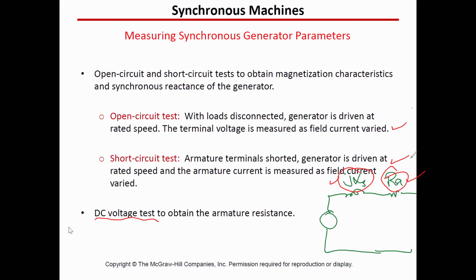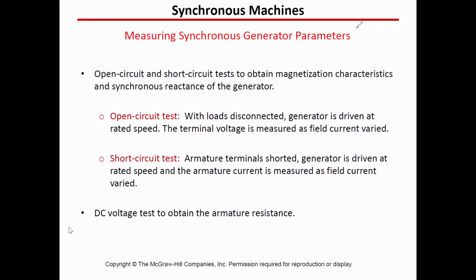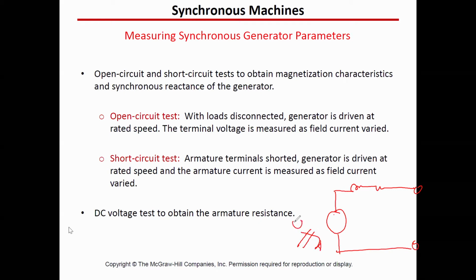We're going to go through them one by one. When we say open circuit test, it means that we don't have a load. The load is disconnected, and we just apply the rated speed and measure the voltage at the output. I'm going to explain what we get from this. So we leave this open circuit, fix the speed, and measure the voltage, which is going to be the same as EA.